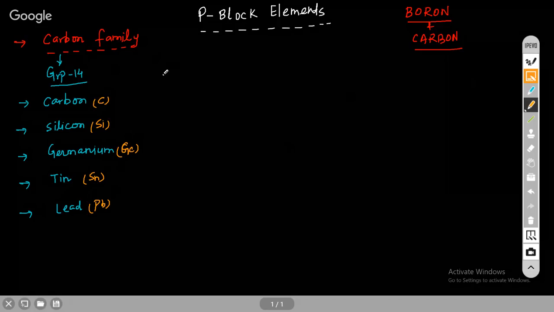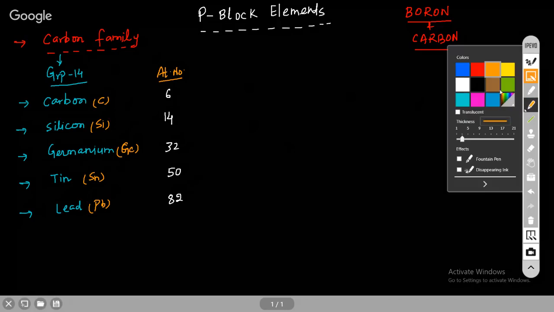Okay, atomic number. What is the atomic number we have here? For carbon it is 6, for silicon it is 14, then 32, plus 18 is 50, plus 32 is 82, right?